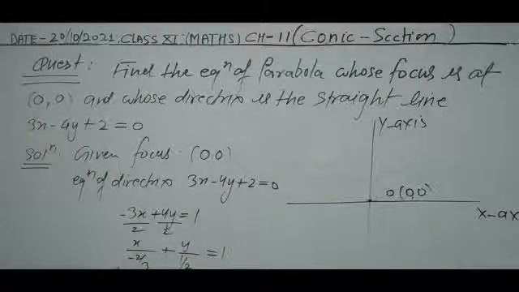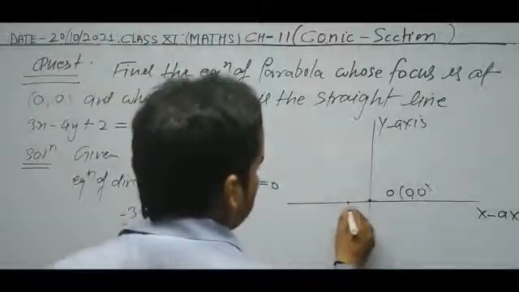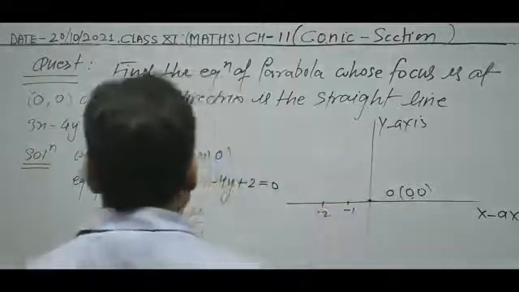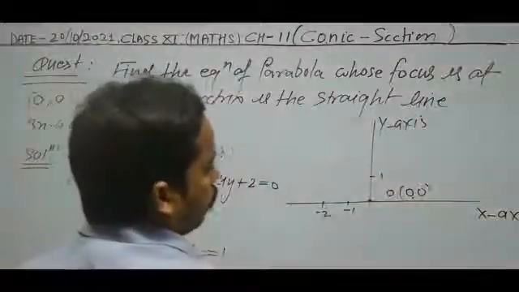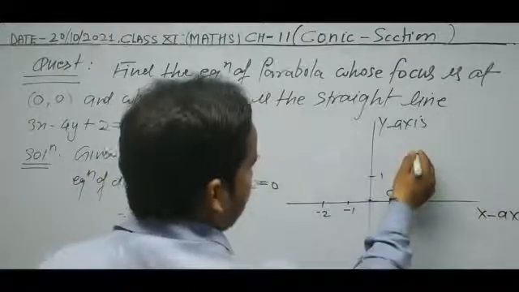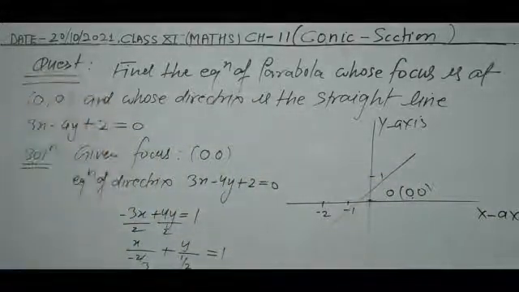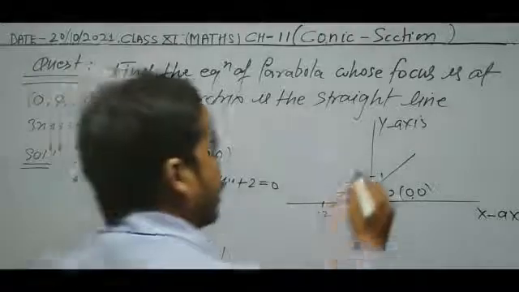So the x intercept is minus 2 by 3 and the y intercept is 1 by 2. Suppose this is minus 1, this is minus 2 and this is 1 by 2. This type of line you will get. This is the directrix.